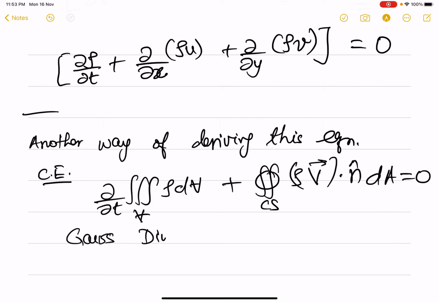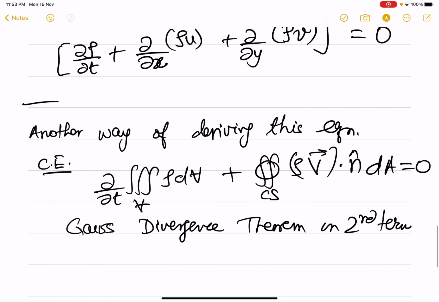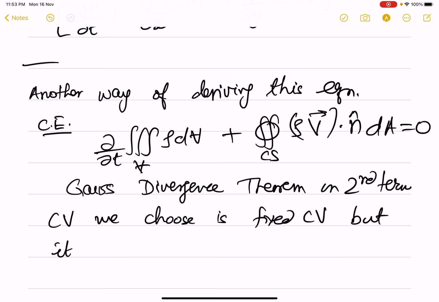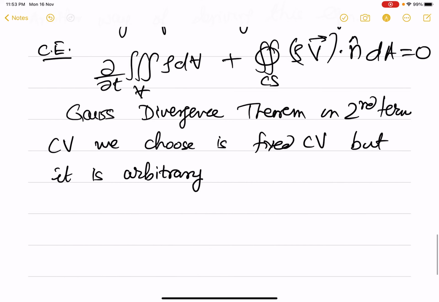Gauss divergence theorem on the second term. Now the control volume we choose is a fixed control volume, but it is arbitrary. What do we mean by it is arbitrary?